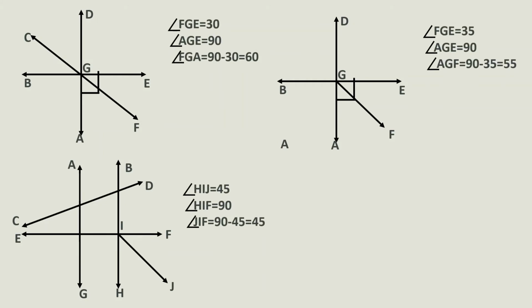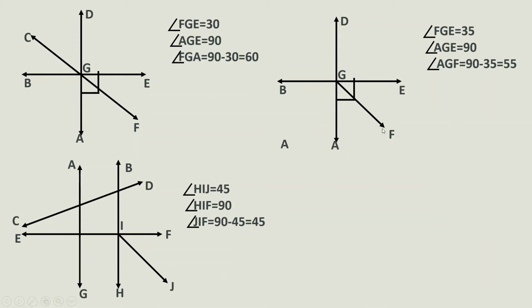Let's look at more examples. In this figure, FGA is 30 degrees and AGE is 90 degrees. We're trying to find out what is FGE. FGE is equal to 60 degrees because 90 minus 30 gives us 60 degrees.